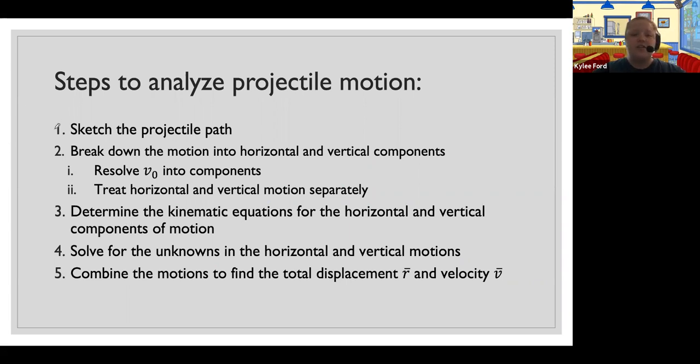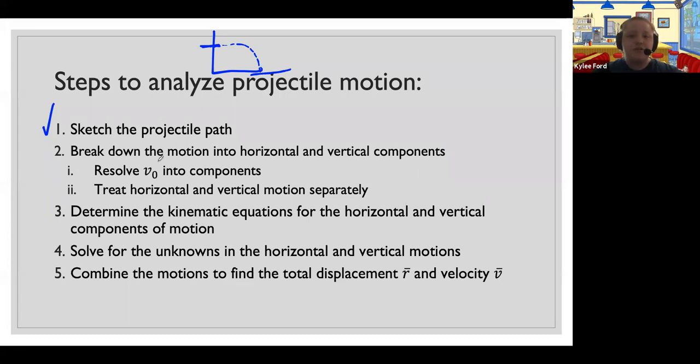First things first, you're going to sketch the path of the projectile. If I'm looking at a ball that's thrown from here, and it goes like this, I want to have some general idea of what I'm looking at. So sketch it. Then you want to break it down into your horizontal and vertical components.